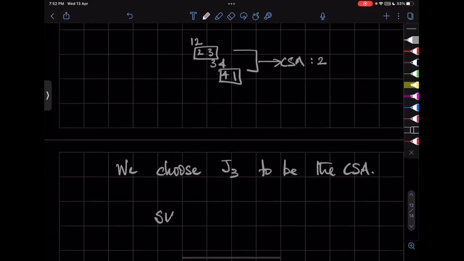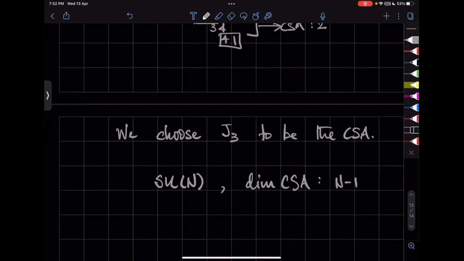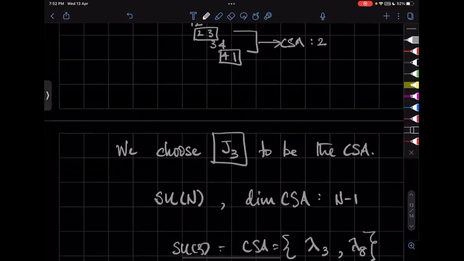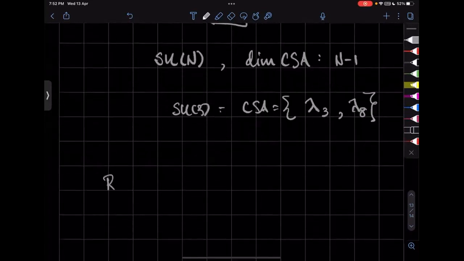By the way, if you are dealing with the group SU(N), then the dimension of the Cartan subalgebra is just N minus 1. So for SU3, the Cartan subalgebra will consist of lambda 3 and lambda 8, the traditional choices. Okay, so for this one, we are choosing the Cartan subalgebra to be J3.